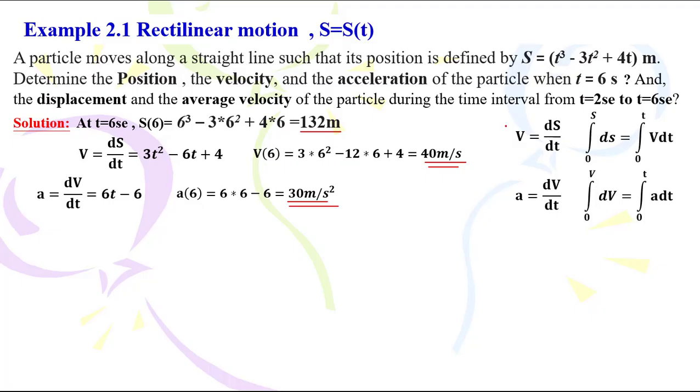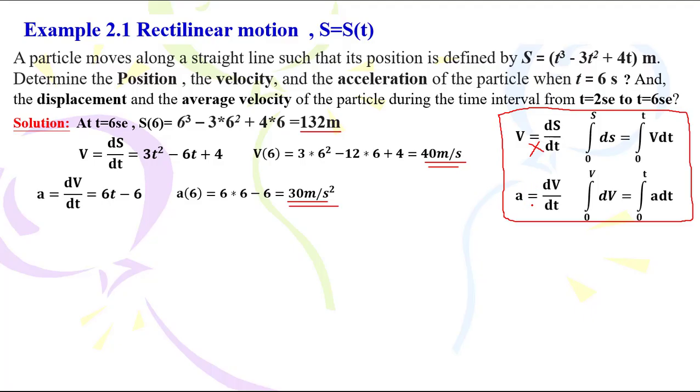So please keep in mind these equations. The velocity is the change in s by dt, or the rate at which the distance is changing with respect to time. So if you cross-multiply this, then integrate ds from 0 up to s is equal to the integral of v dt from 0 to t.